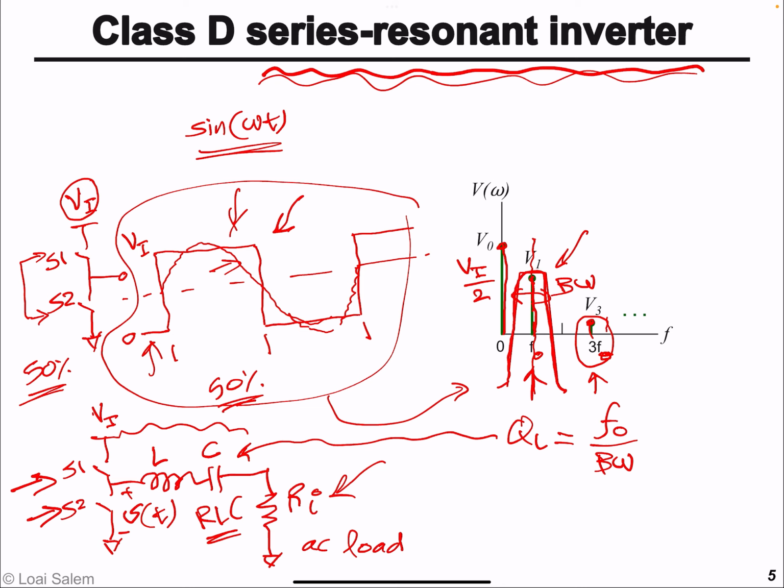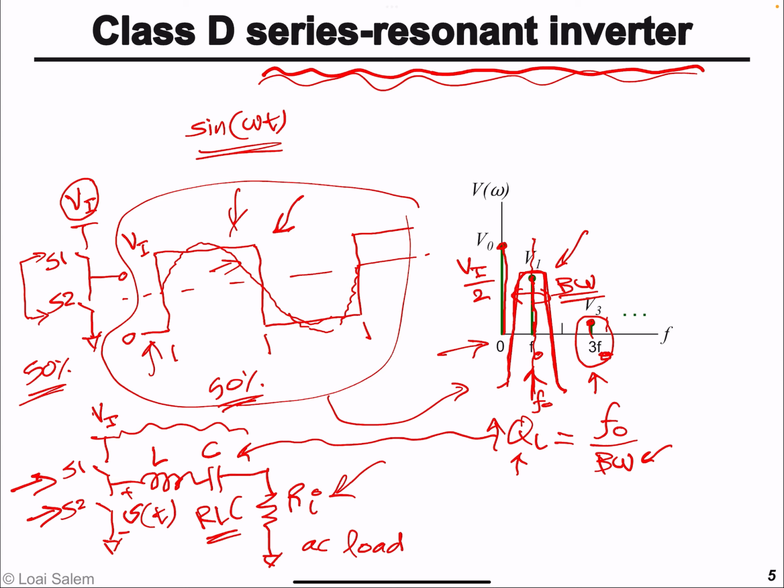So the quality factor of this bandpass filter is given by its center frequency f_0, where the bandpass filter is centered, divided by its bandwidth. So if we need the bandwidth to be tight so that it extracts only the fundamental component and rejects the third harmonic and higher order harmonics, we need the quality factor to be essentially large.